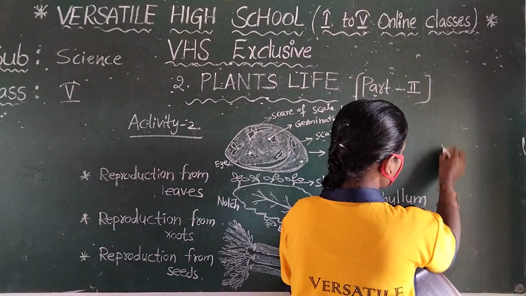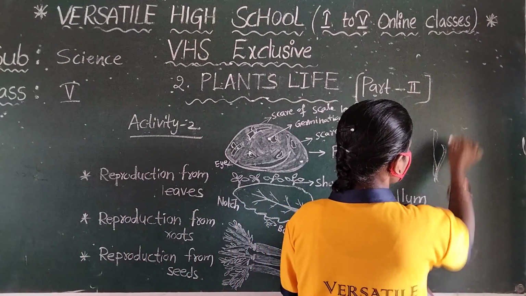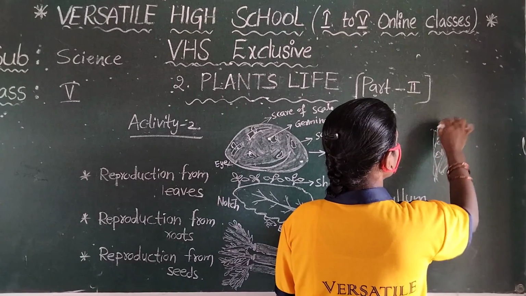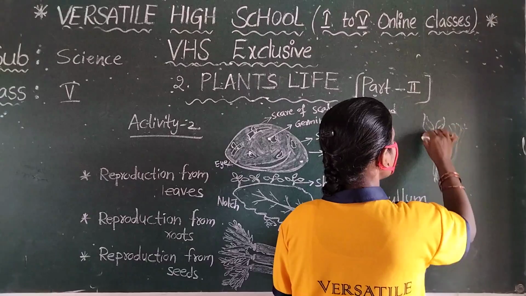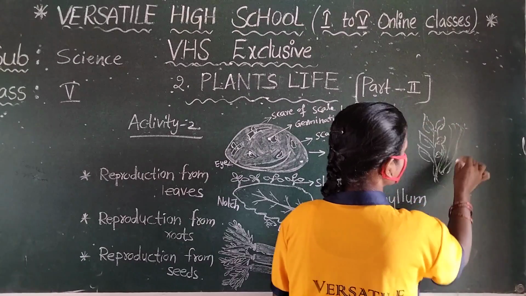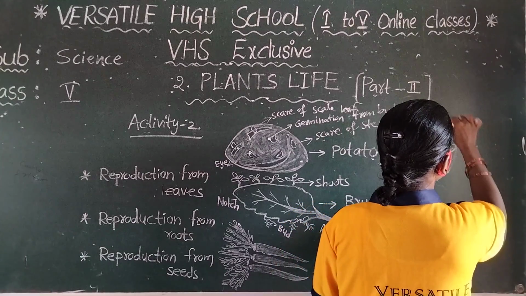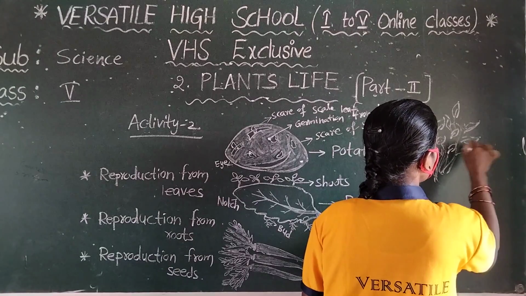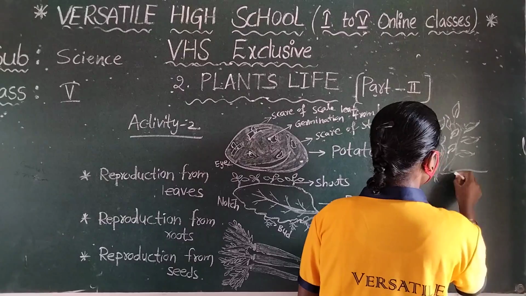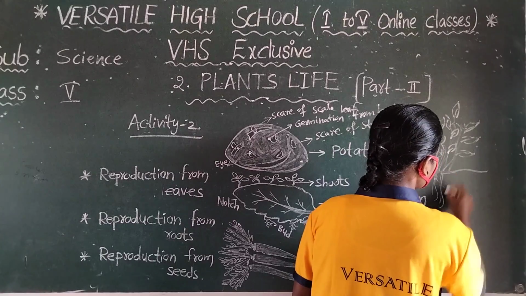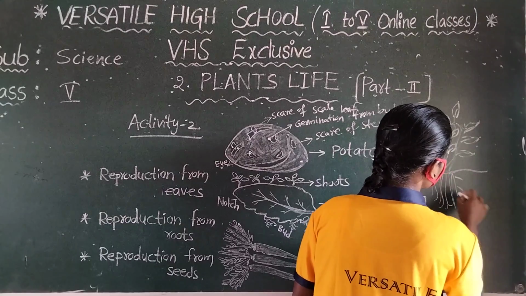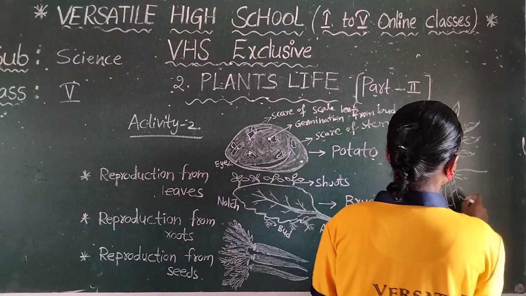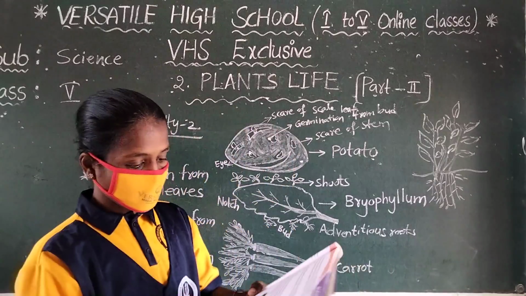Suppose you observe this, one part of a plant. This is the leaf part of a plant. In the soil, you will observe small roots coming out.